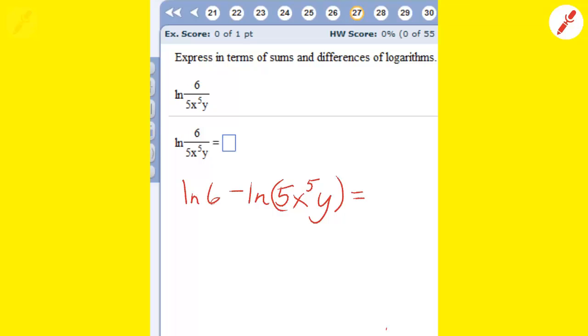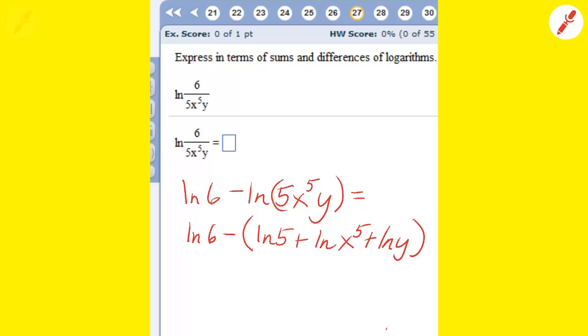That will give me the ln of 6 minus, parentheses, the ln of 5 plus the ln of x to the 5th plus the ln of y, parentheses closed.